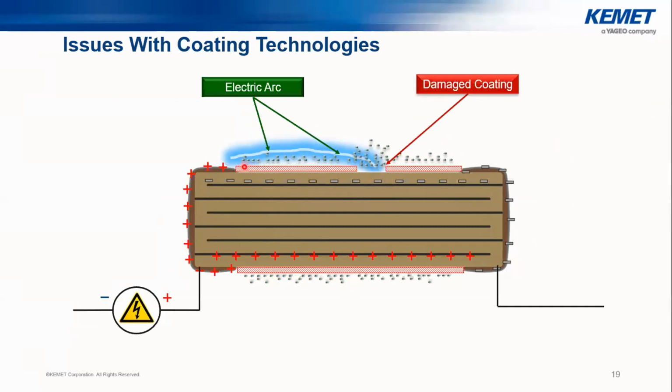Then we can again have electrical arcing and a high concentration of ionization, and the arcing can happen between the electrode and the damaged part of the coating. So this is the con when it comes to the coating: there shouldn't be any damage in the coating, and if it happens, it won't protect your part anymore.